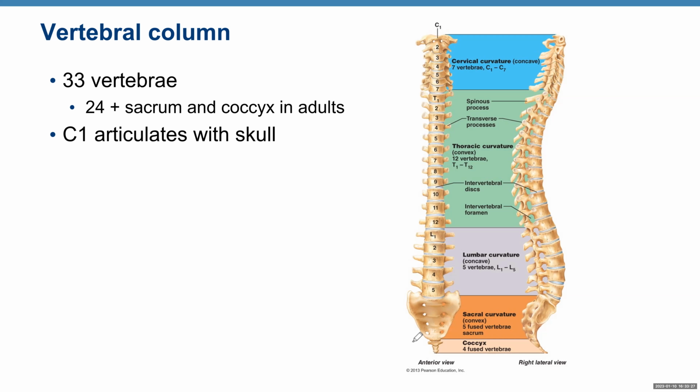Now, your spine has curvatures. And curvatures are named based on the area of the spine: cervical curvature, thoracic curvature, lumbar, and sacral. So 4 curvatures of the spine. So your spine is not just a straight line.